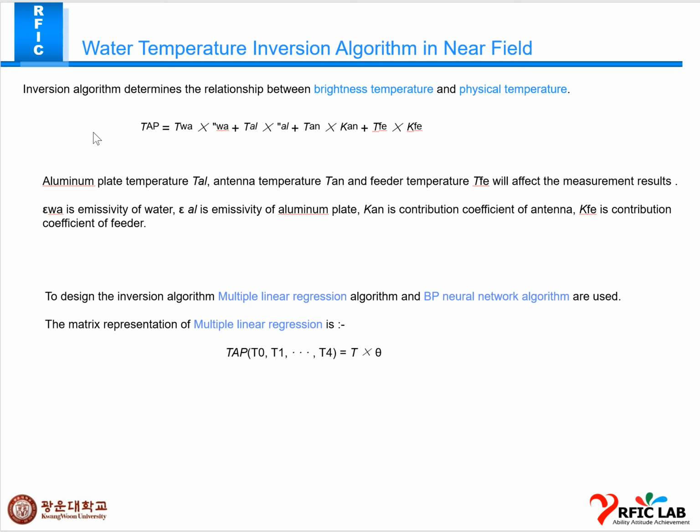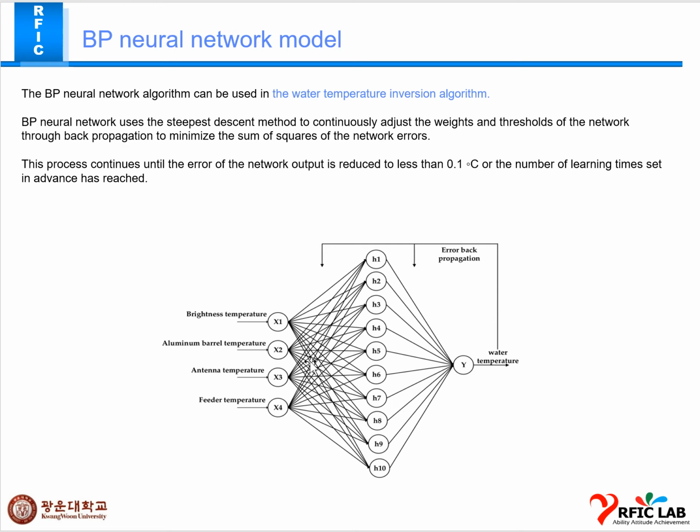In matrix form, it has an equation like T, in brackets T0, T1 to T4, equal to T times theta. Next is the BP neural network.